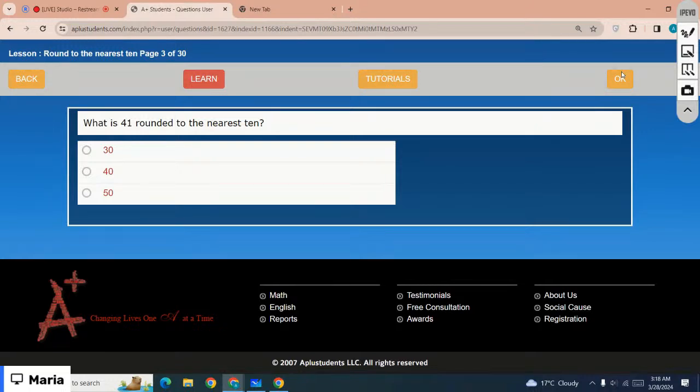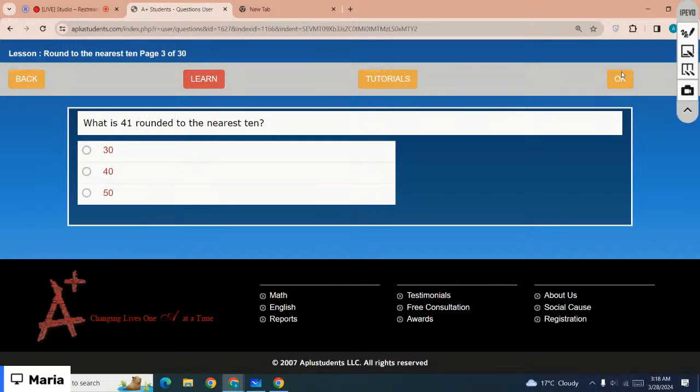The next one is, what is 41 rounded to nearest 10? So which is the correct option? The correct option is 41 is rounded to 40.